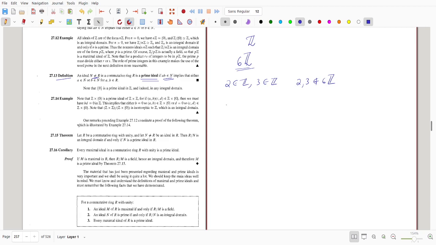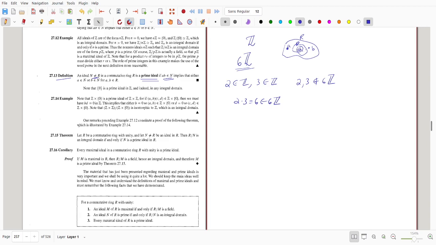But when you multiply 2 into 3, that is 6, obviously a member of 6Z. That means if this is R, and there is an ideal P, if you choose an element A from outside P and B from outside this ideal P, then when you multiply the two outside elements, the product comes into P.